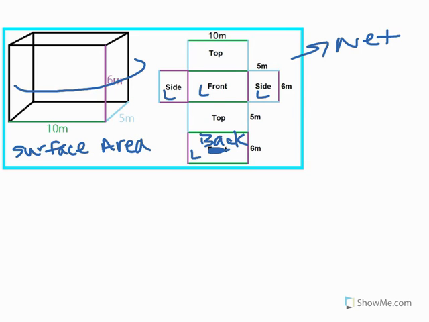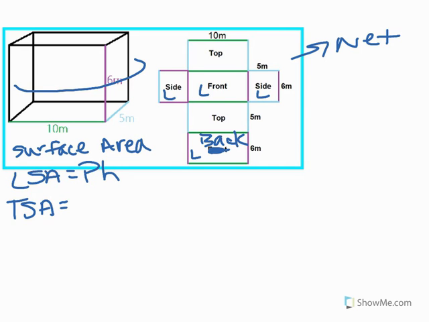Now let's talk about the difference between the formulas. We have lateral surface area. In lateral surface area, whenever you're having to find it, it is just the capital P, which is the perimeter of the base, times the height.